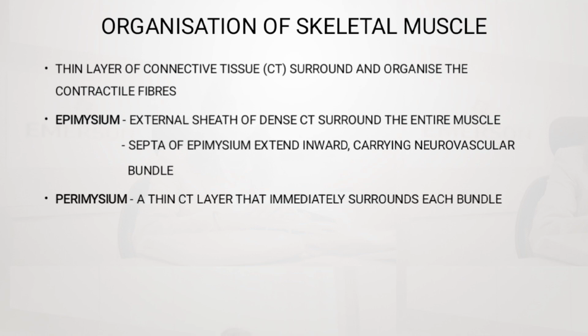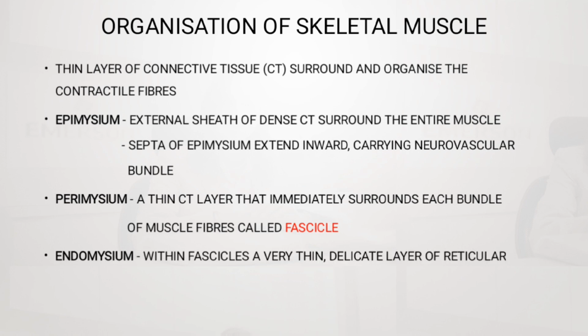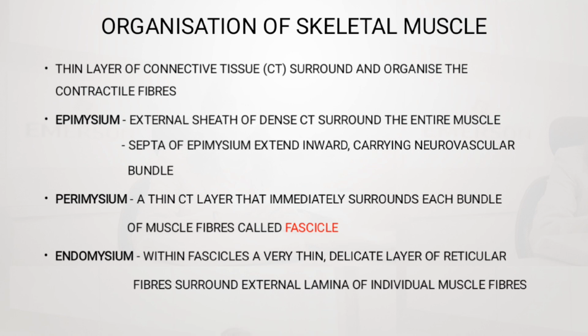Then you have the perimysium, which is a thin connective tissue layer that immediately surrounds each bundle of muscle fibers called a fascicle. Then you have the endomysium, within the fascicles: a very thin, delicate layer of reticular fibers that surrounds the external lamina of individual muscle fibers.